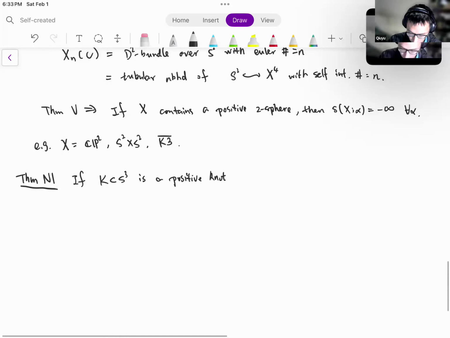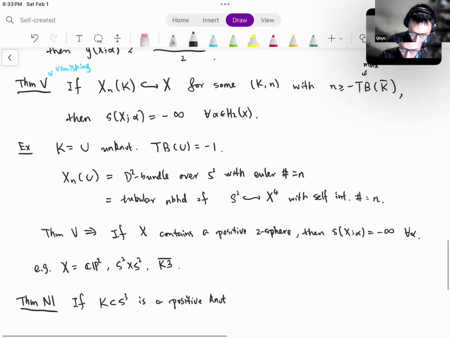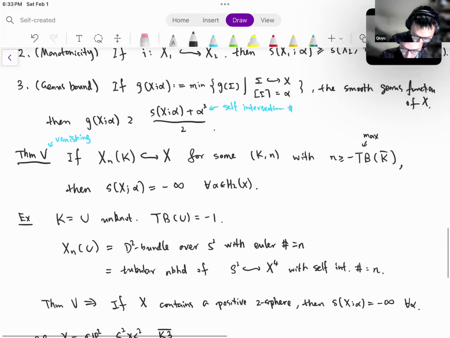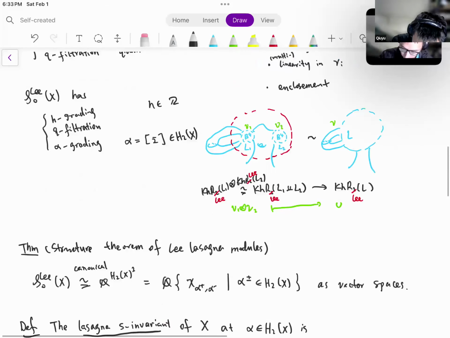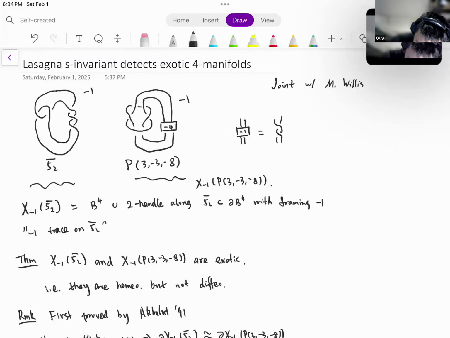For example, if we go back to our pair of knots, then this first knot, 5_2 mirror, is a positive knot because you can check in this particular diagram that all the crossings are positive crossings.